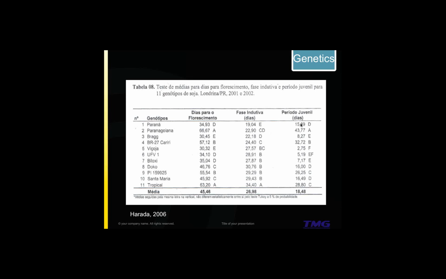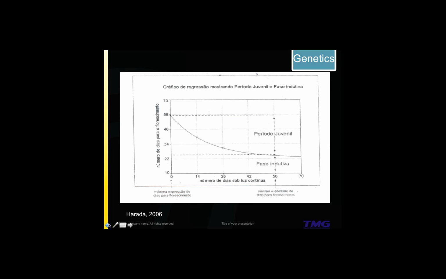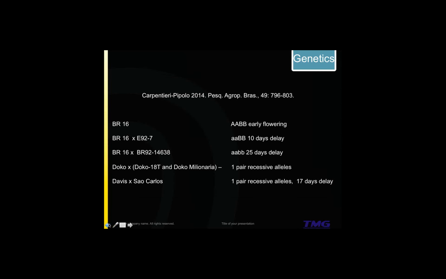Okay. Great. If I can jump in, because that segues to the question I want to ask. I'm hoping to understand at the end of this workshop the speculation about interaction of the long juvenile trait and the E genes. You showed a slide from Carpentieri Pipolo, where she showed different alleles, the same group that proposed 2 E genes.